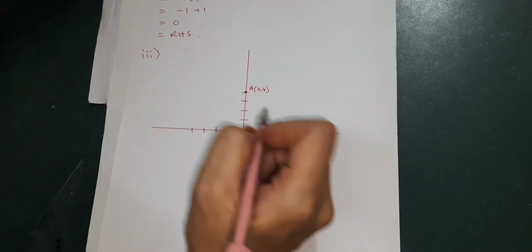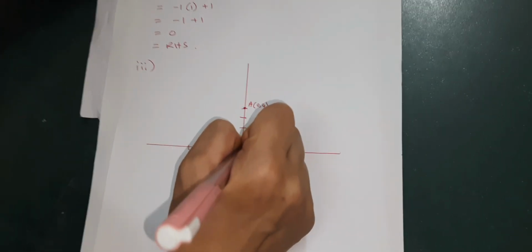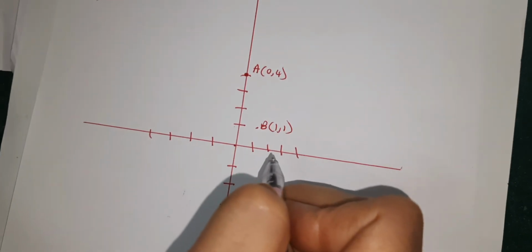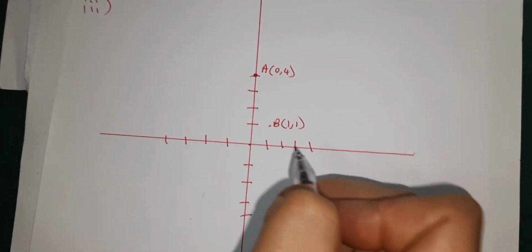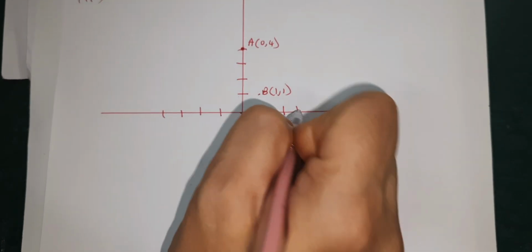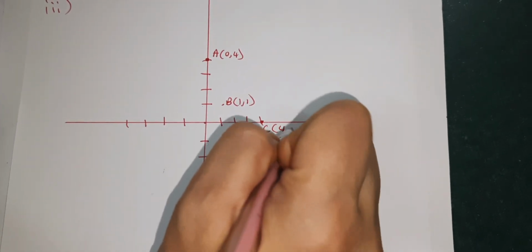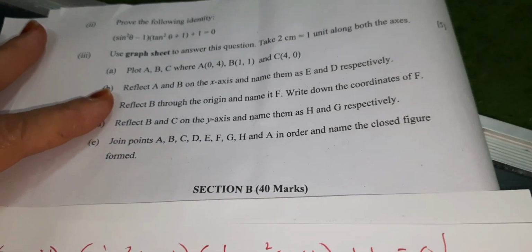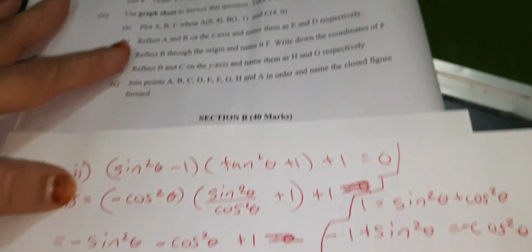Point B, 1, 1. This is point B. C is 4, 0. So that's 4, 0 right here. And what do they want to do? Reflect A and B on the x-axis and name them E and D. So A reflected on the x-axis will be right here.